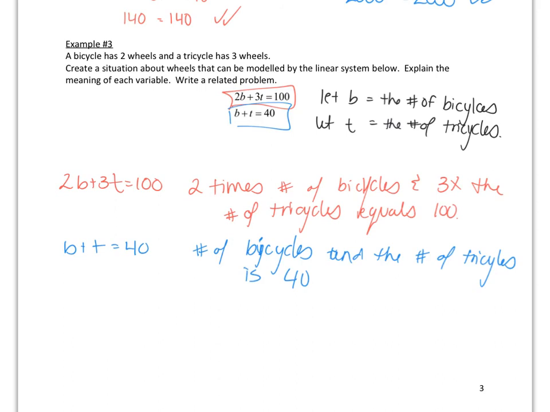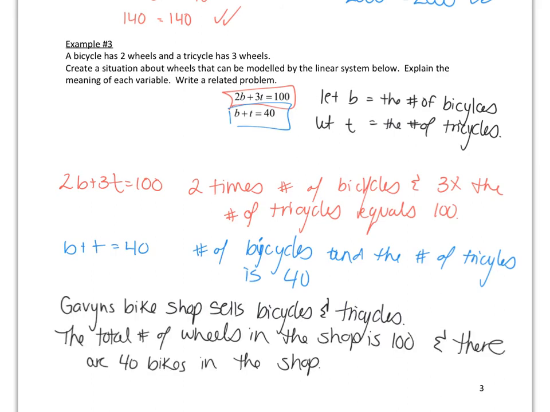I said that Gavin's bike shop sells bicycles and tricycles. The total number of bikes in the shop is 40, and there are 100 wheels in the shop. And that describes both of these scenarios. There are 100 wheels in the shop and 40 bicycles. All right, so again, the total number of wheels in the shop is 100, and there are 40 bikes in the shop, and that can be represented by these 2 equations here.